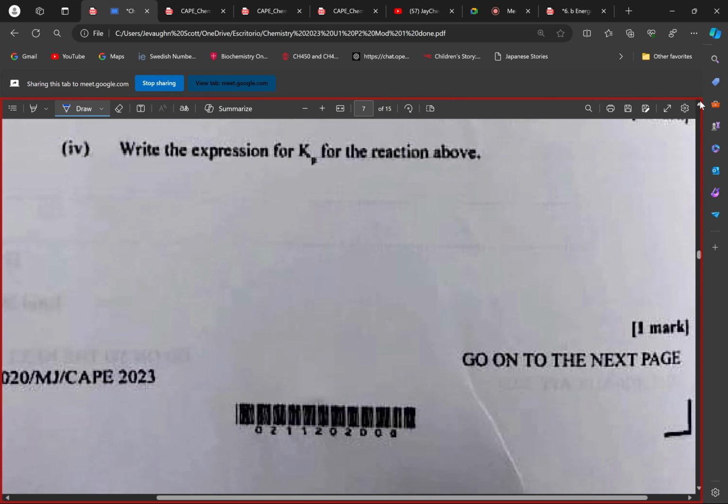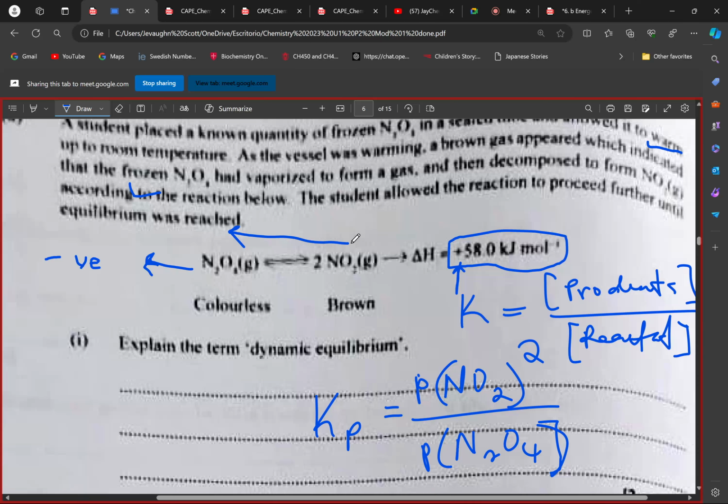When it is cooled, what will happen? We see that the forward reaction is endothermic, and when we cool the temperature, we decrease the temperature, so we're going to be moving in the exothermic direction. So if the forward reaction is endothermic, the equilibrium will shift to the left. You get that? We'll shift to the opposite.